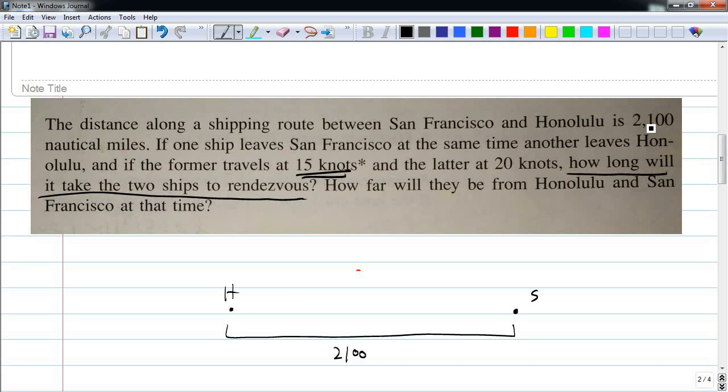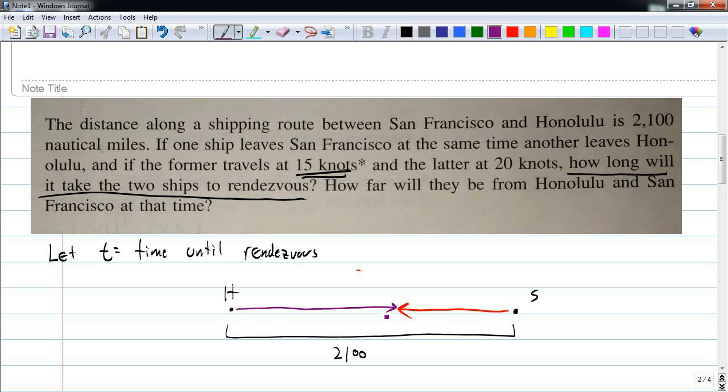I have a distance and I have a couple of rates and I need time. So let t be the time until rendezvous. Okay? So the ship leaving San Francisco travels so far. The ship leaving Honolulu travels so far, and they meet in the middle. And t is the amount of time it takes for these ships to meet.